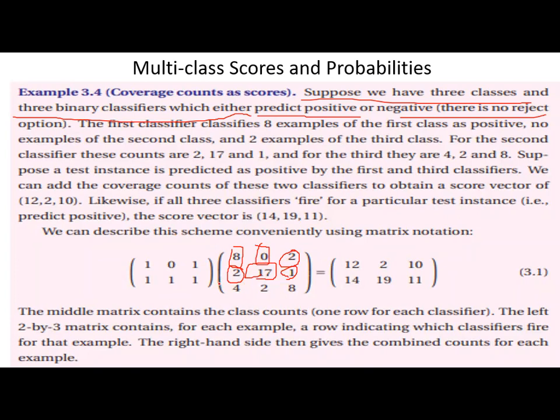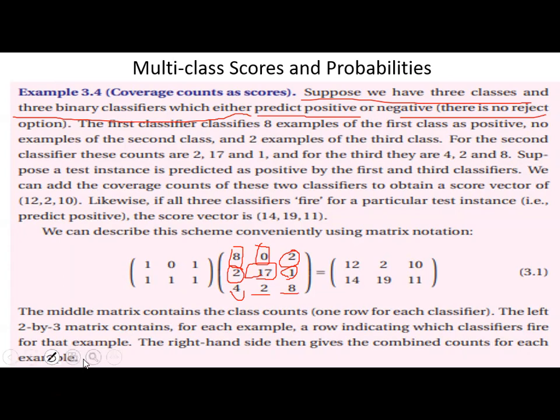The third classifier classifies class A with 4 positives, class B with 2 positives, and class C with 8 positives.